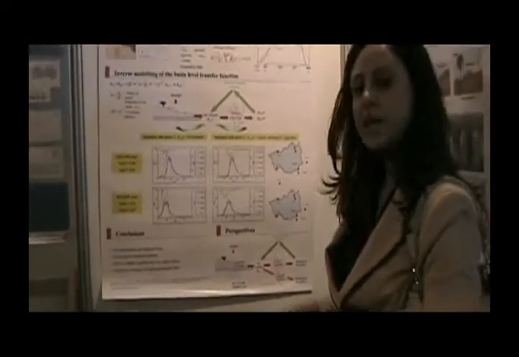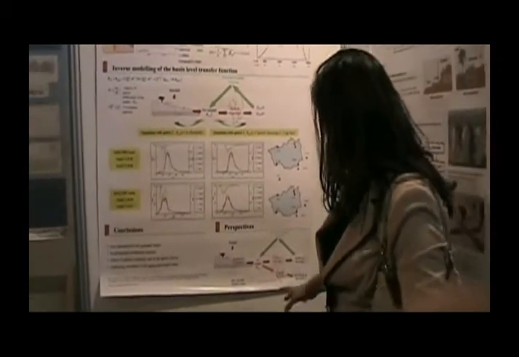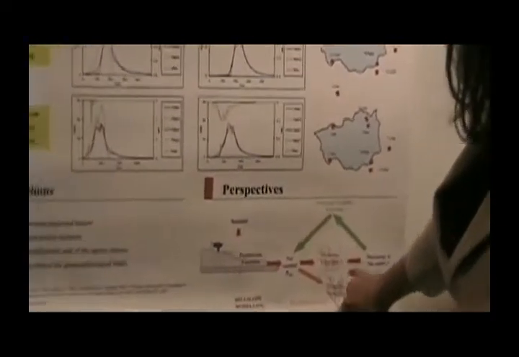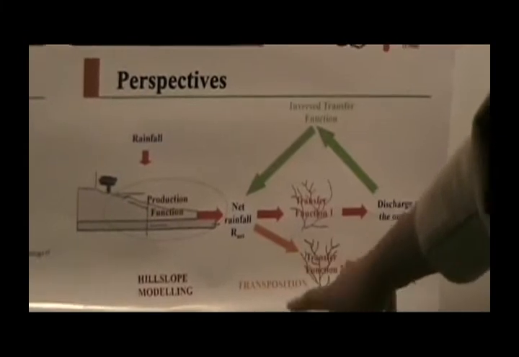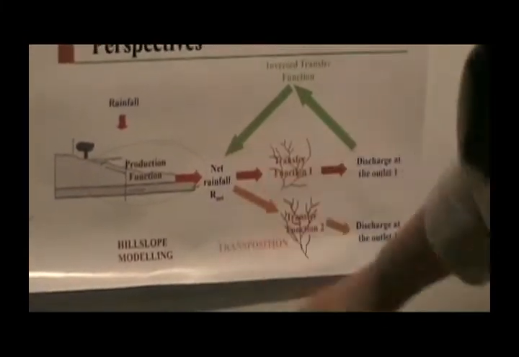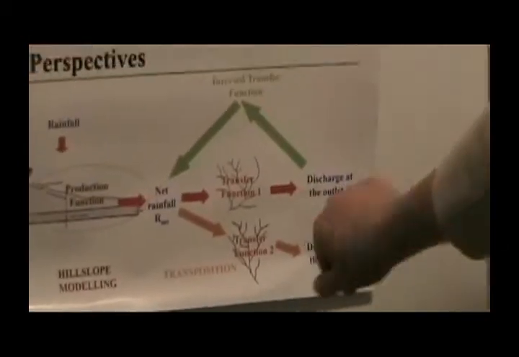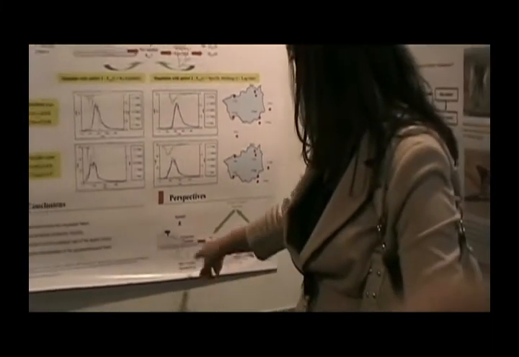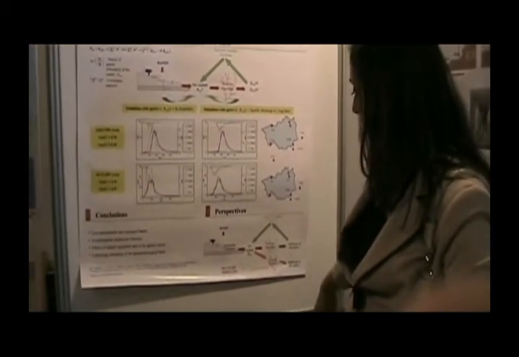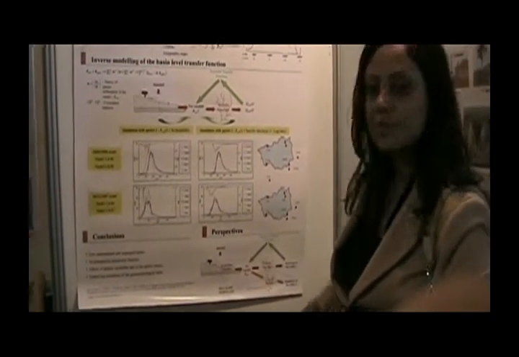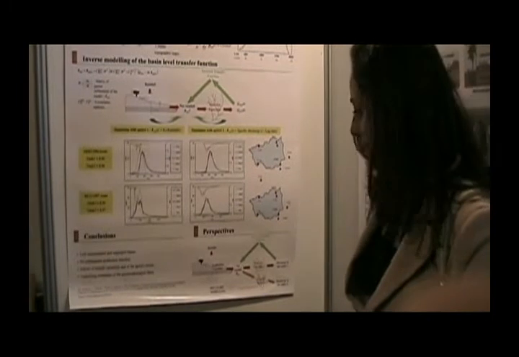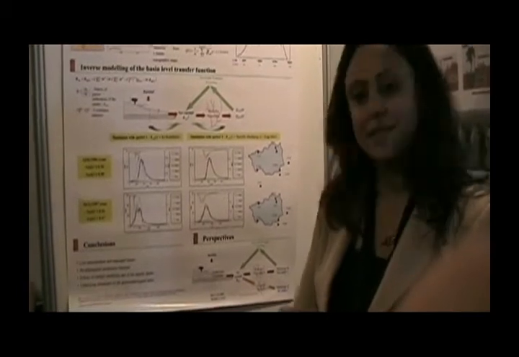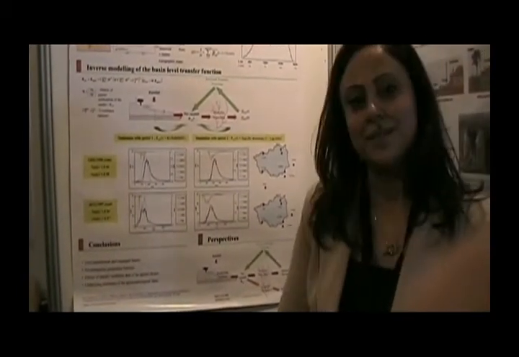It's opening several perspectives, such as the transposition from one basin to other basins by using the calculated rainfall, and it's also a technique to find some production function for the hill slope. So it's a robust method, which is based on a simple function. Thank you.